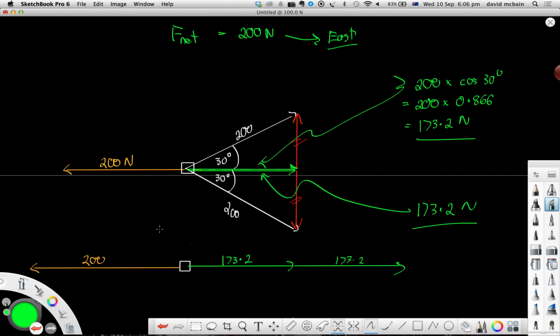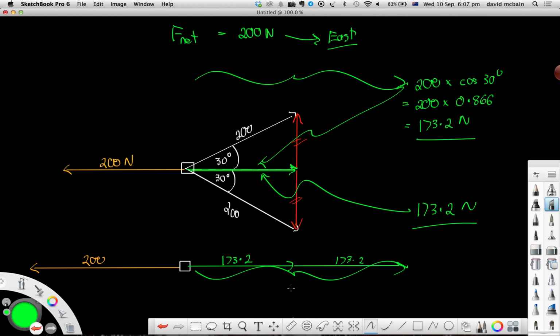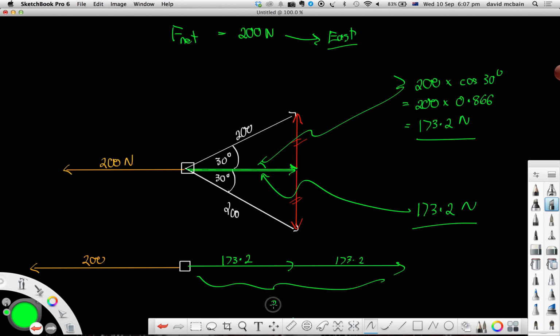So our net force here is going to be, well, 173.2 multiplied by 2 is 346. Those two together add up to 346.4, and this part is 200.